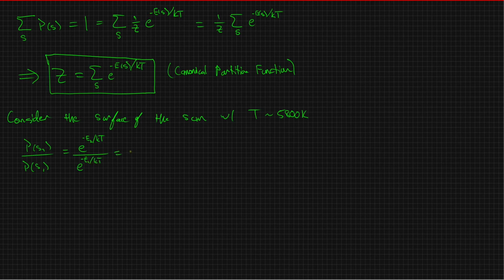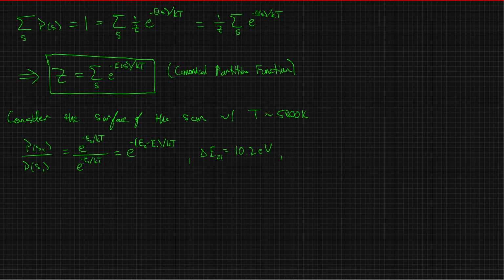So we could rewrite this as e to the minus (E2 minus E1) all over k times T. We know what the ground state is, it's minus 13.6, and we know what E2 is, it's minus 3.4. So we can get delta E, which is equal to 10.2 electron volts.